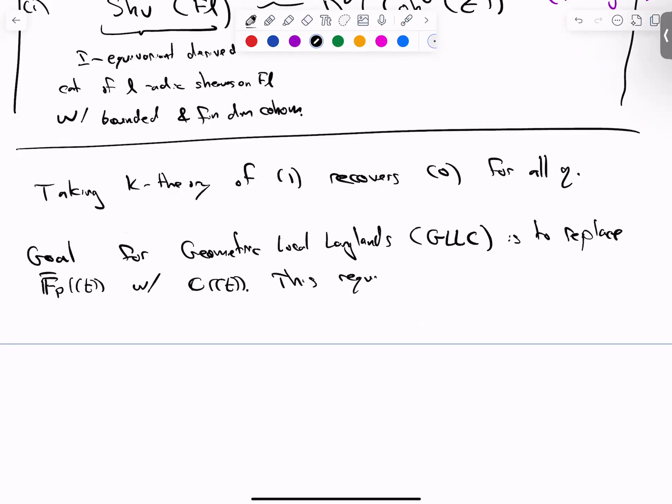So there's the conjecture due to Gaitsgory.